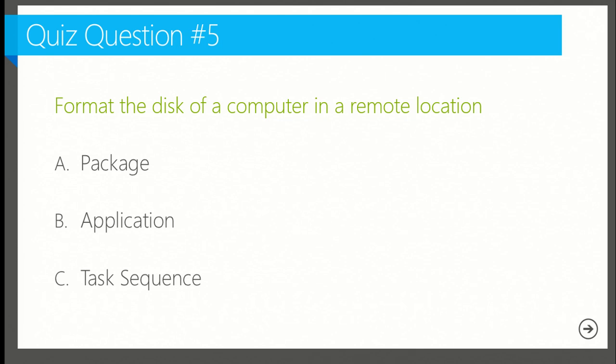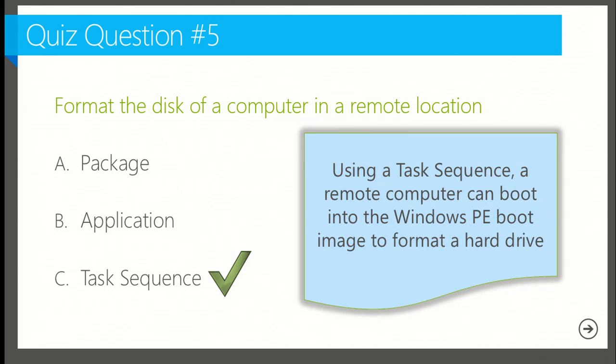All right, formatting the disk of a computer in a remote location. Package. Application. How about a task sequence? Very good. So this was actually a situation that I had been faced with at one point in time. A bunch of remote locations were being sold off, and the assets were being sold along with them.